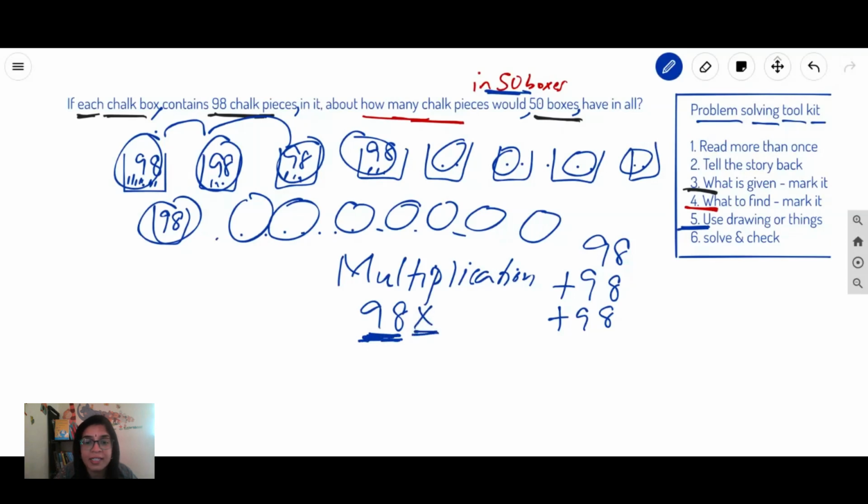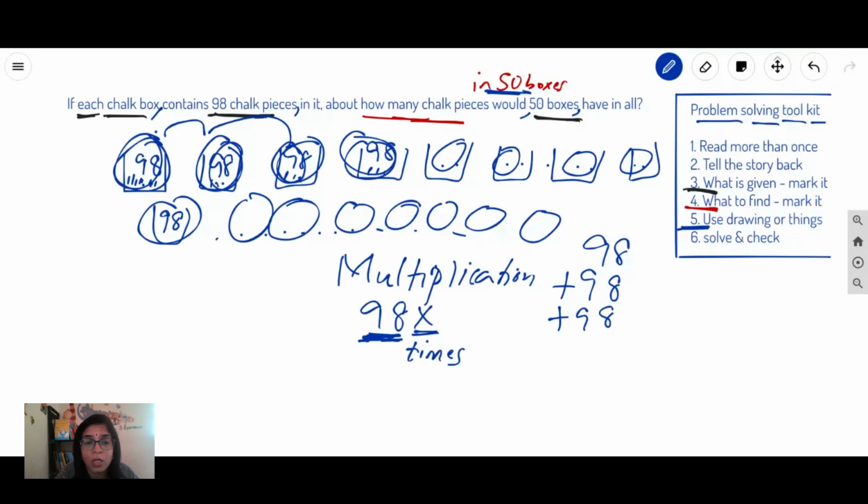This means it is times. How many times are we adding this 98? How many boxes will there be? That many times, no? One time here, two times, three times, four times, like that. However many boxes there are, that many times.